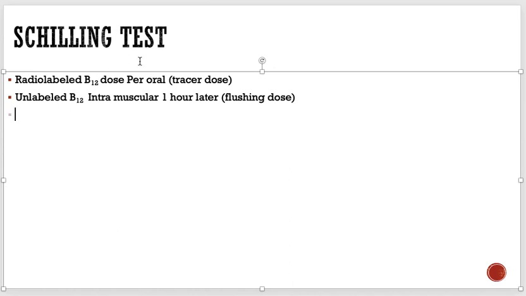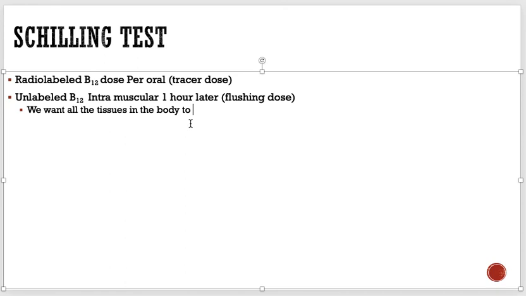Just for those who could not catch it, we want all the tissues in the body to be saturated. We give, by the way, 1 microgram of the tracer, and 1 milligram of the flushing dose, a huge dose.